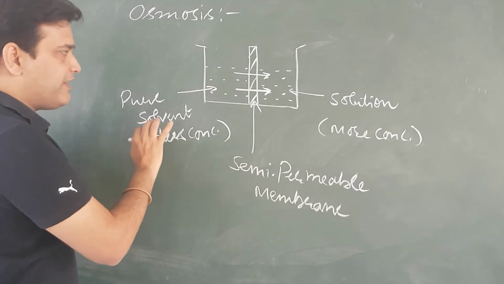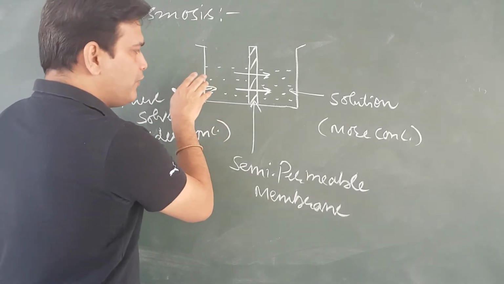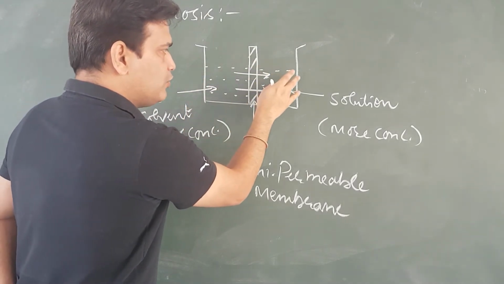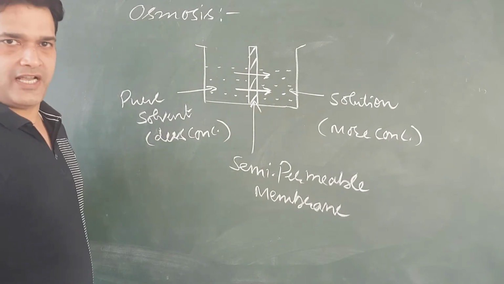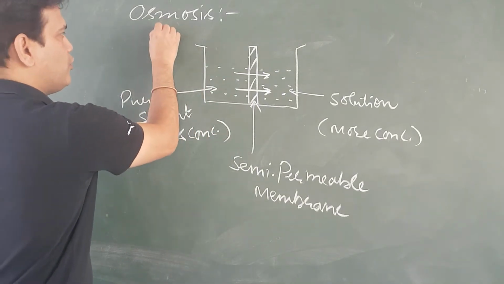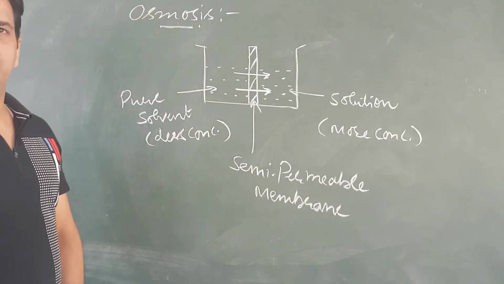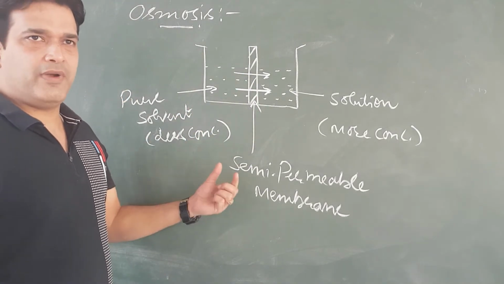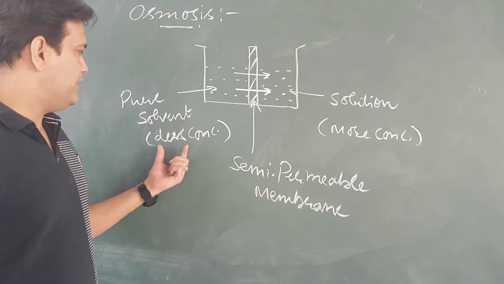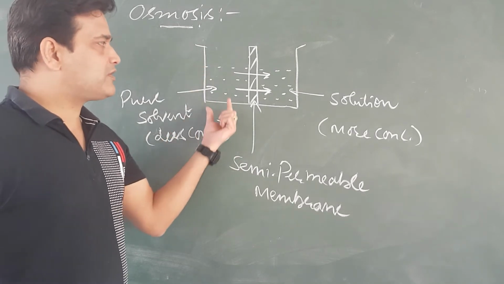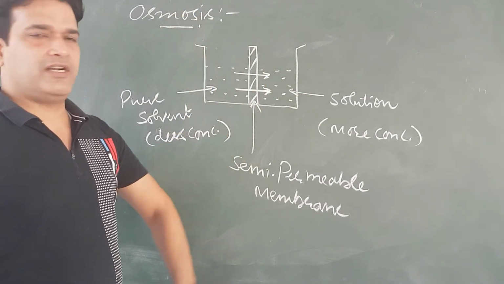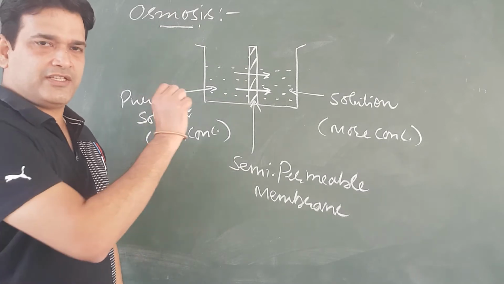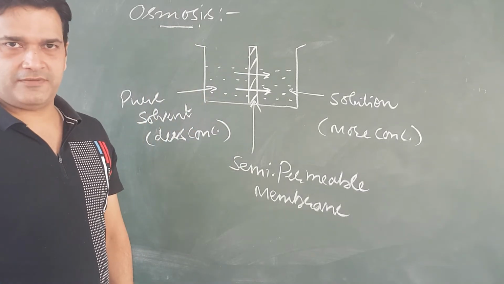Only solvent molecules move from low concentration to high concentration side, and this process is called osmosis. The movement of solvent molecules from low concentration to high concentration side is called osmosis.